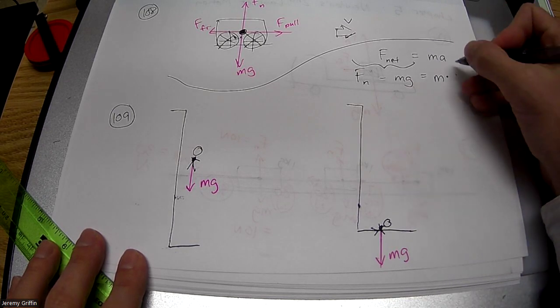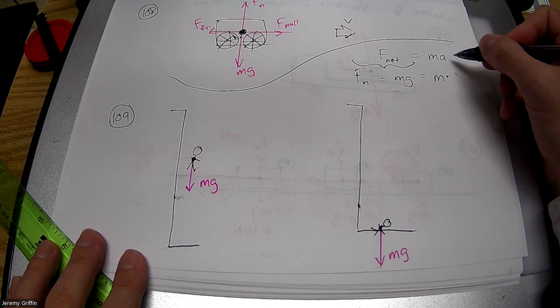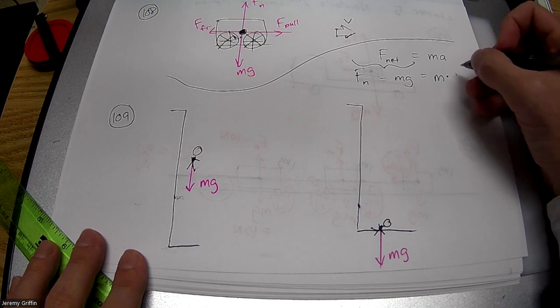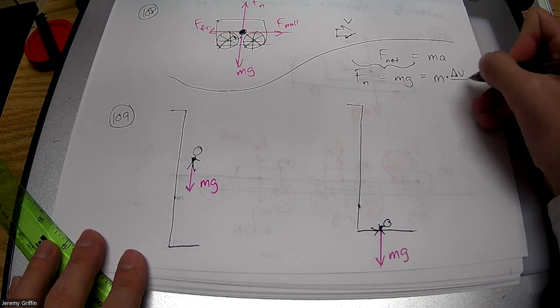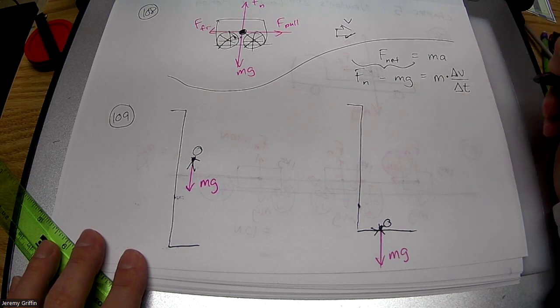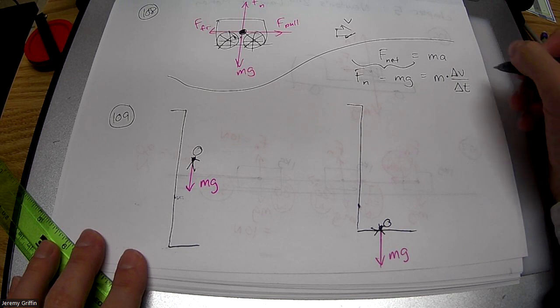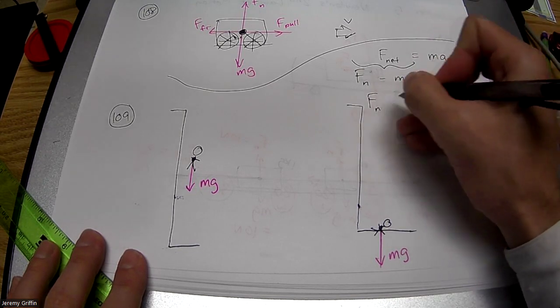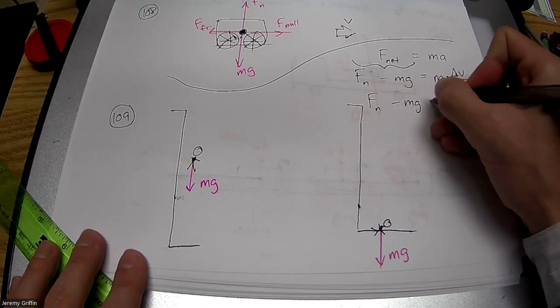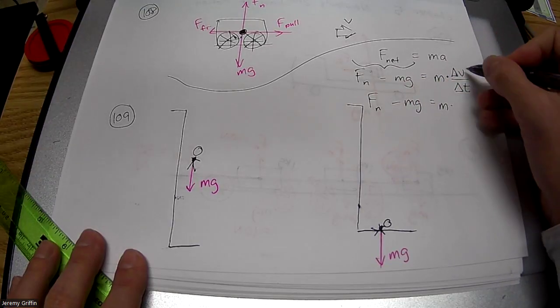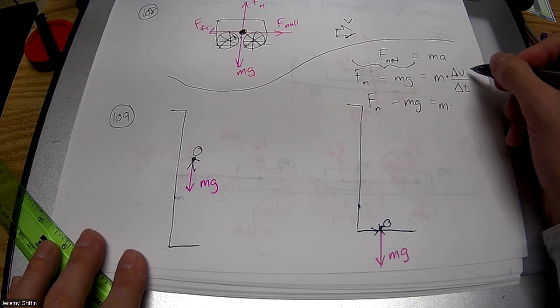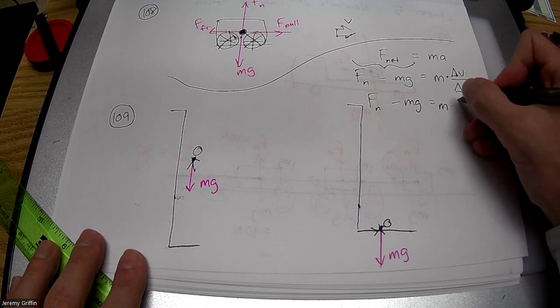Guys, what was the original definition of acceleration? Was it a rate of change in velocity? Is that like change in velocity over a change in time? Right? So it's like this: normal force minus weight is equal to mass times change in velocity over change in time. Now, if you're going to 0 from some crash speed, the difference would just be the crash speed.